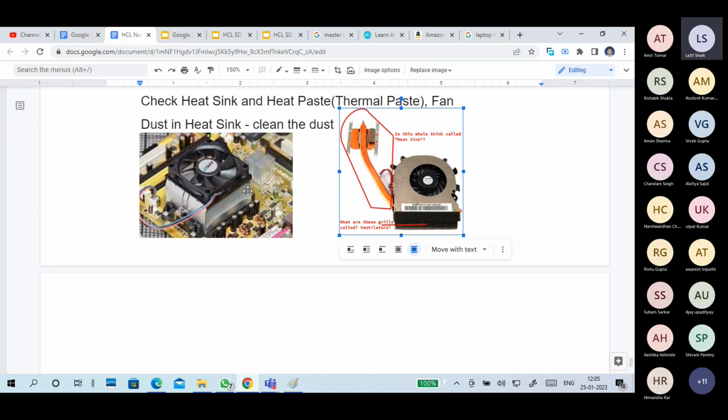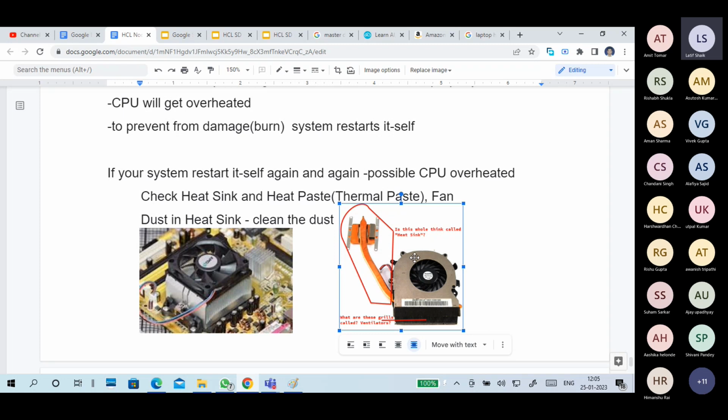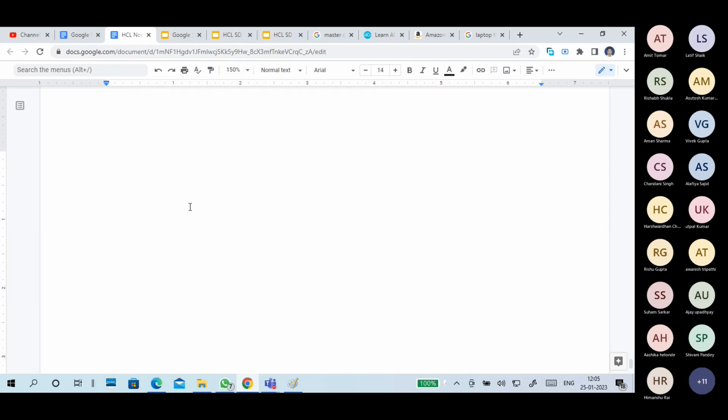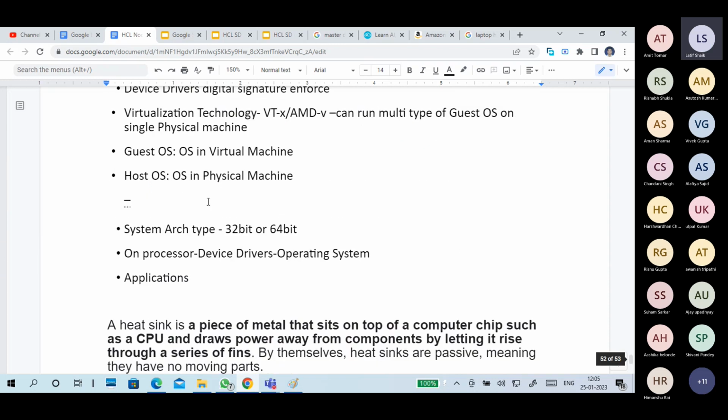Also, if you know how to clean the internals, you can open and clean them. Generally, you must know the maintenance of a laptop. This is the point I am trying to say.